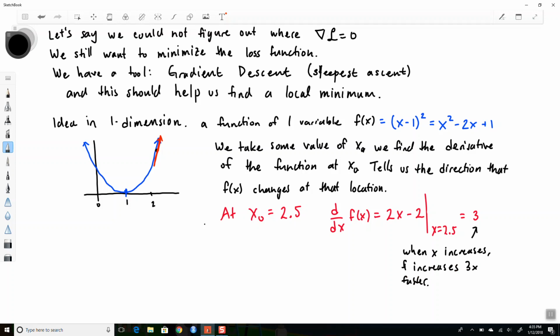And so if we wanted to approach a minimum, we would go in the opposite direction. We would say, okay, increasing x will cause an increase of f.